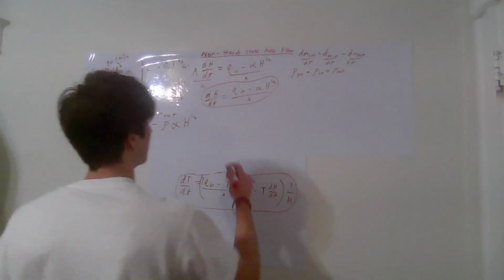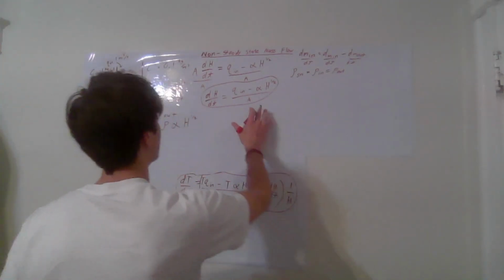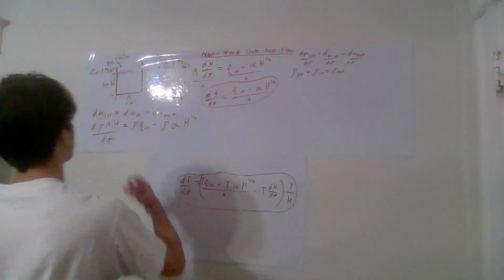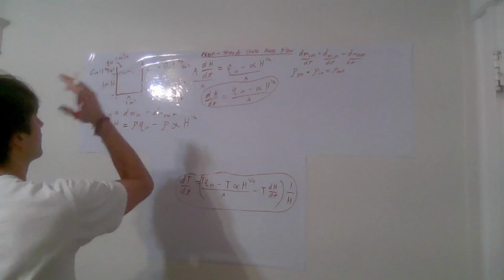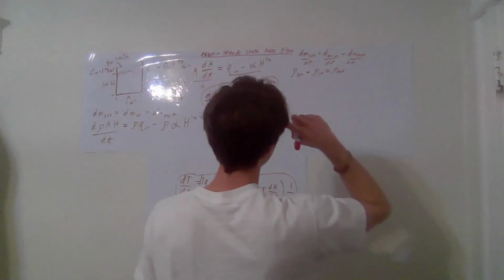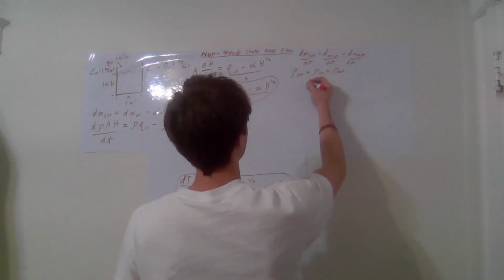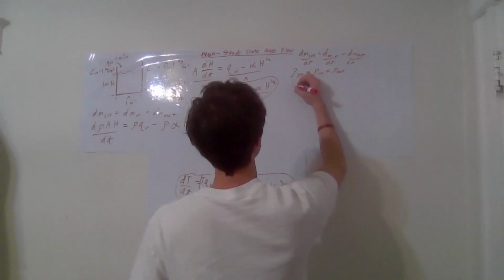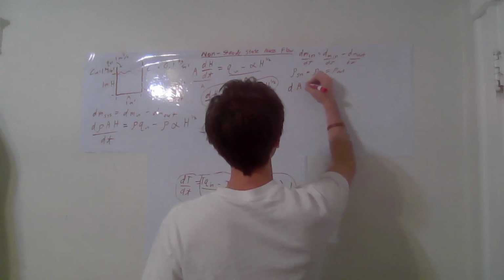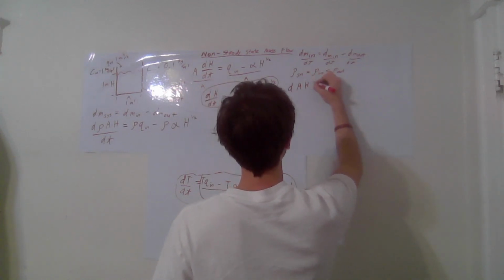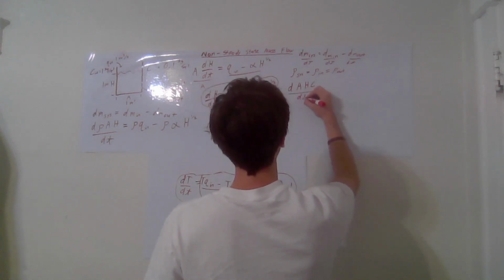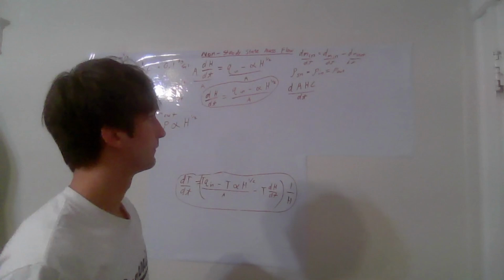And so all we have to do is take this, and instead of our temperatures, what we need to use is our concentrations. So with this, we can say that the change in mass of the system is going to be the change in the area times the height times C, all over the change in time.